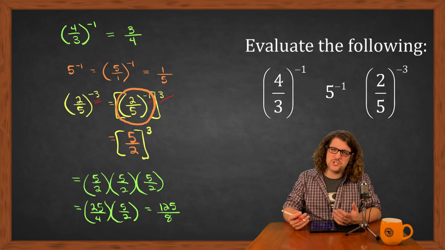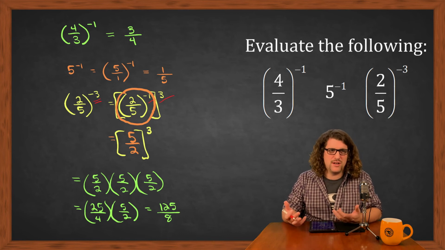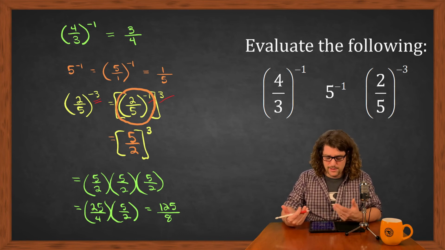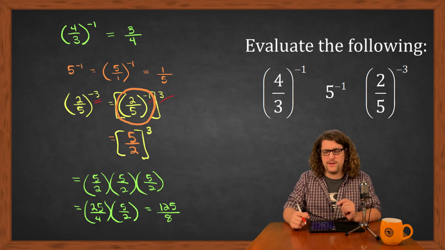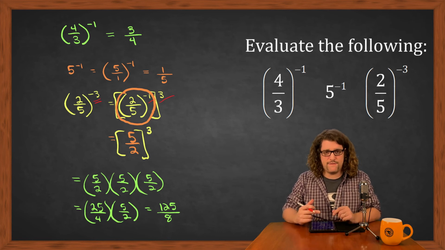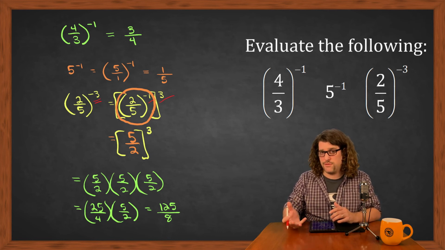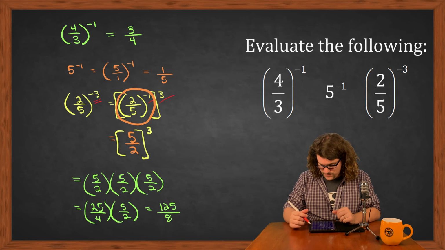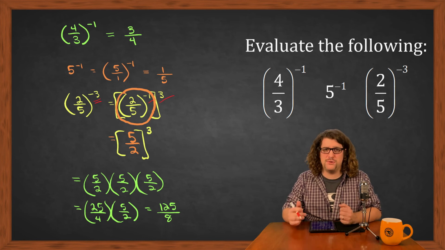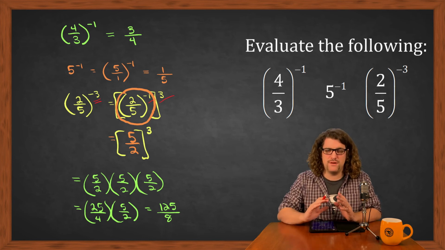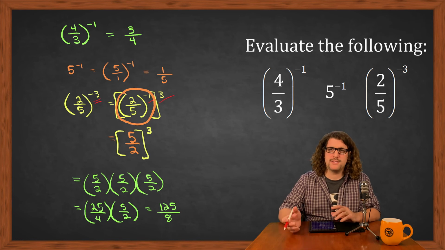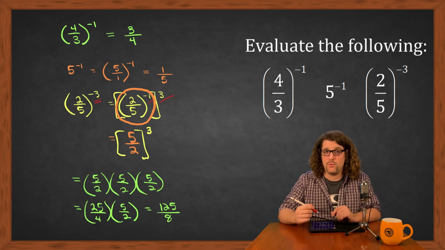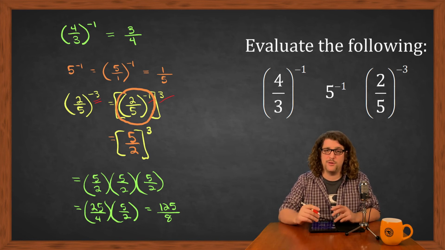So a couple of them I just changed the form a little bit. You could argue that it's not much of an evaluation. The last one I definitely did a little more with. So in the beginning, it is a fraction to the power of -3, and then in the end, I actually have this expression that's just a single fraction. So that's all there is to it. That was at a mild level, just a few nice examples. We can mix this with what we've learned about rational exponents beforehand and get a little bit fancier.